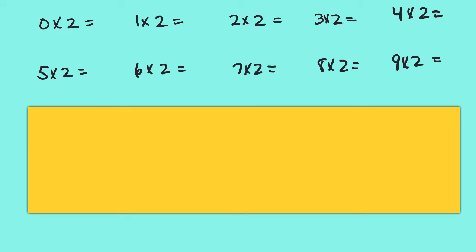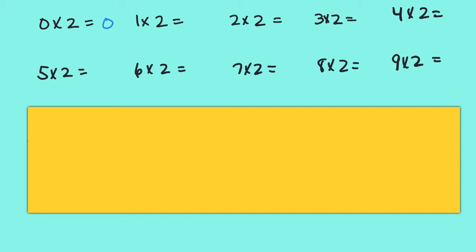These are the multiplying by 2 facts. How many pennies are in one group of 2? Think about that. Get ready? 2. Good. If we didn't have any groups of 2, how many pennies would we have? Get ready? 0. Good. So 0 groups of 2 equals 0.